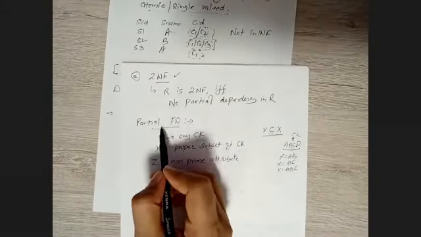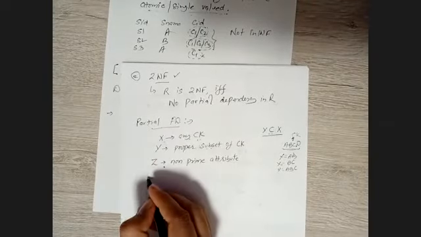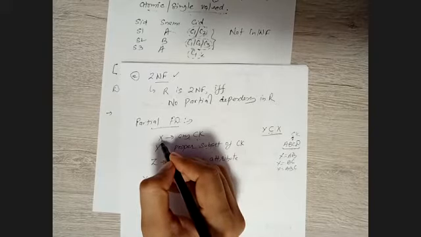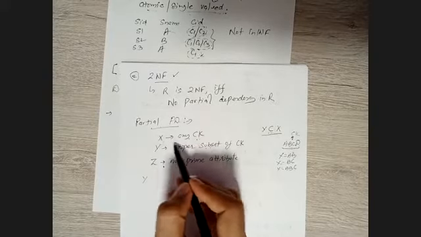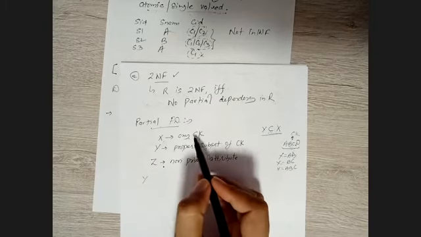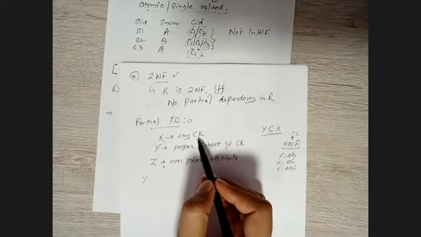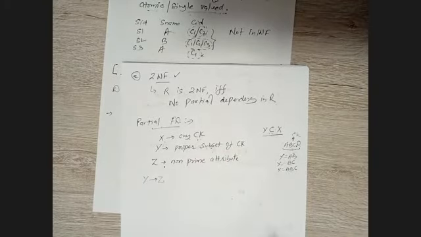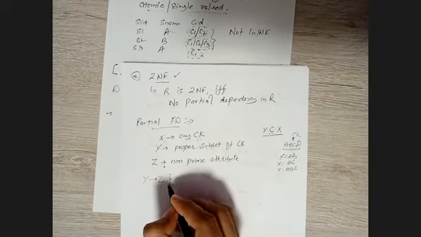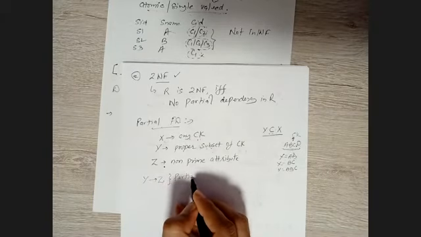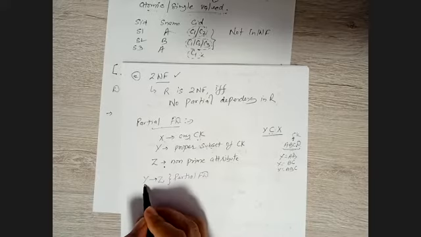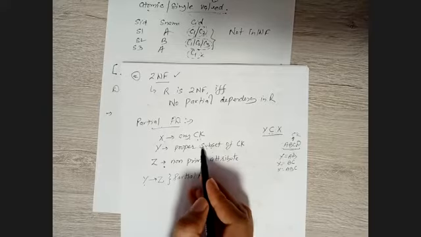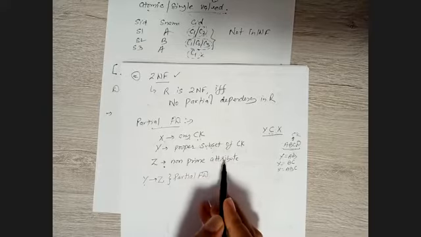So what is a partial functional dependency? We know the candidate key is X, so logically X should be able to determine all the attributes. That is how candidate keys work. But if Y is determining Z, this type of functional dependency is a partial functional dependency, since Y is a proper subset of the candidate key, and a proper subset of the candidate key is determining some non-prime attribute.